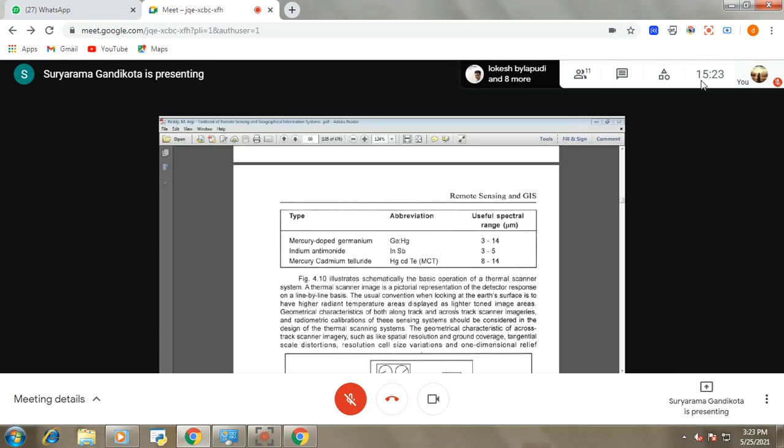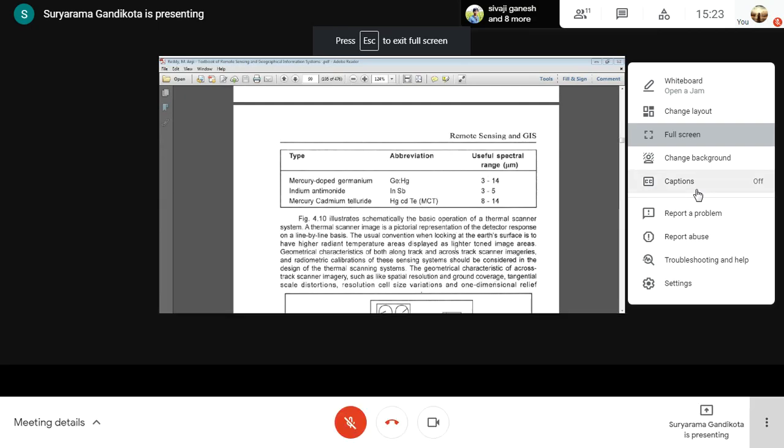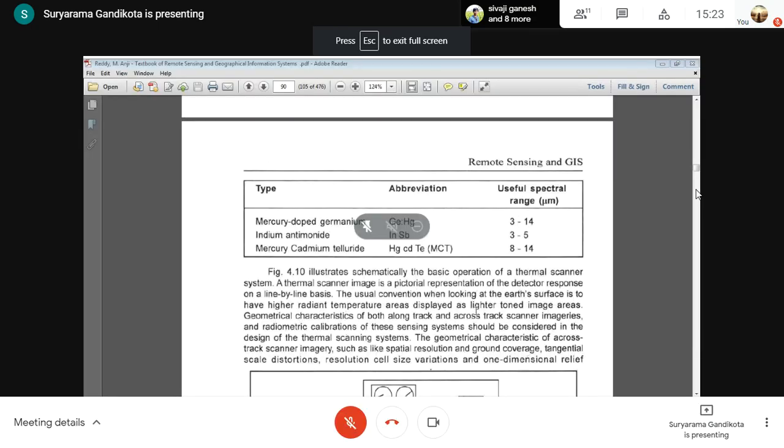And second one is indium antimonide, abbreviated as InSb, and it is in the spectral range of 3 to 5 micrometers.